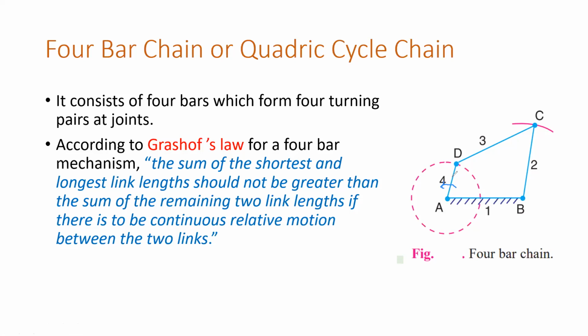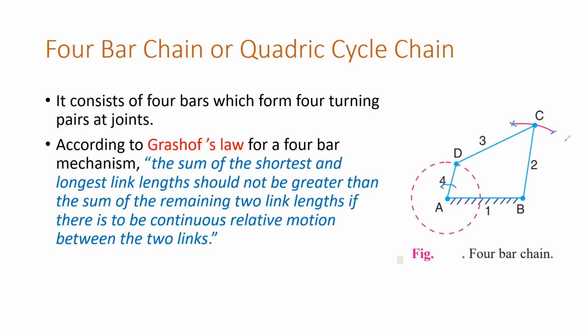Then take notice of link 2. When this crank turns completely, this link 2 will only oscillate between these extreme positions. Say this is one position and this one is the second position.